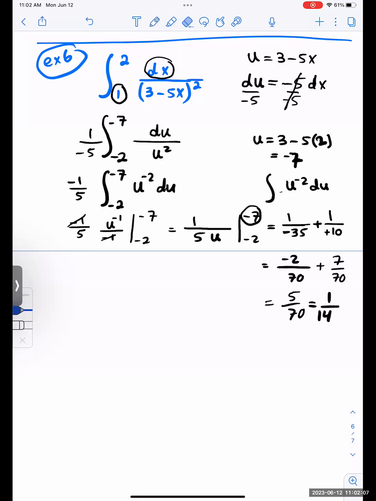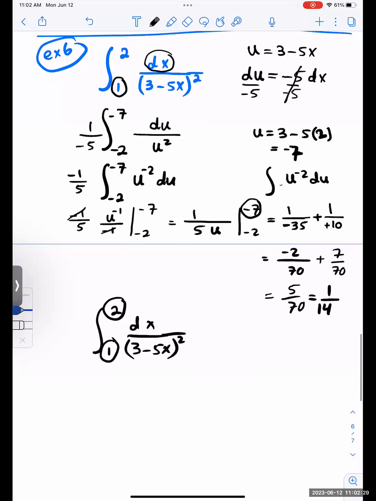So then, once you had 1 to 2, dx over 3 minus 5x to power 2, you would ignore these two until the end. Let's say you got to the point where after u substitution, you got to u to power -1 over +5.